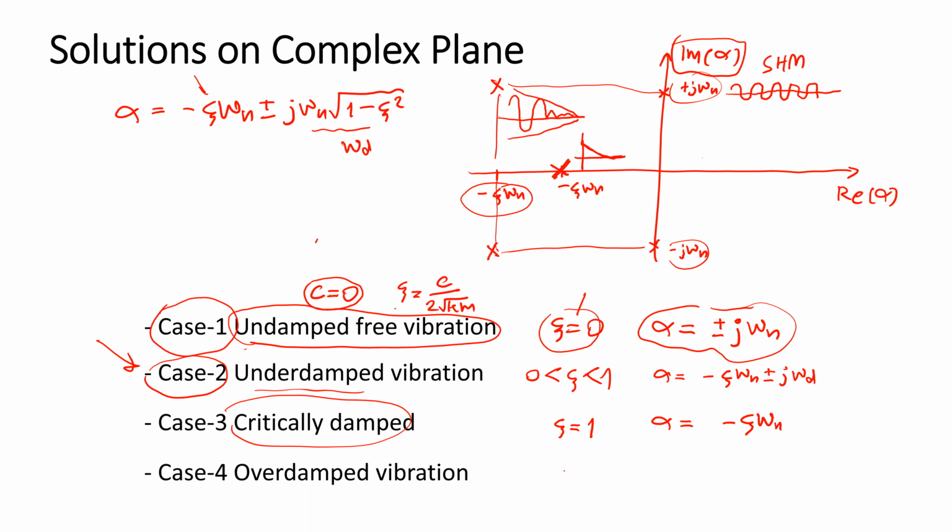If the damping ratio is more than 1, the overdamped case, alpha is going to be minus psi omega n, and we are not going to see the complex conjugate, but we will see omega n multiplied by the square root of the damping ratio squared minus 1.